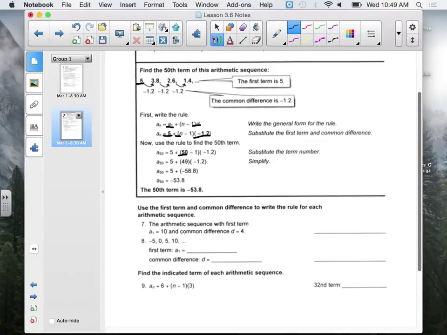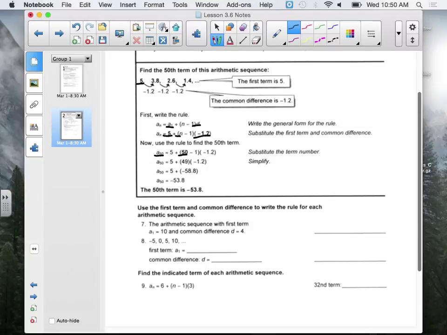So I think I get what you're saying, that since this n was 50, that n has to become 50, right? Is that what you're getting at? Okay, that's exactly right. Since we're finding the 50th term, we change this to a sub 50, and that stands for the 50th term of this arithmetic sequence equals whatever number we get.